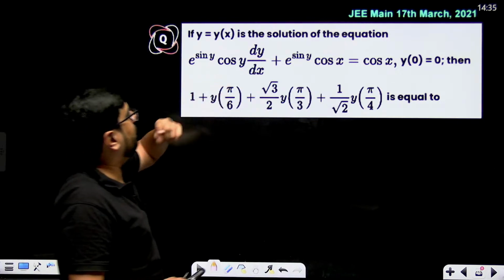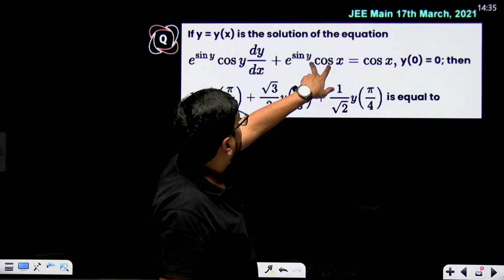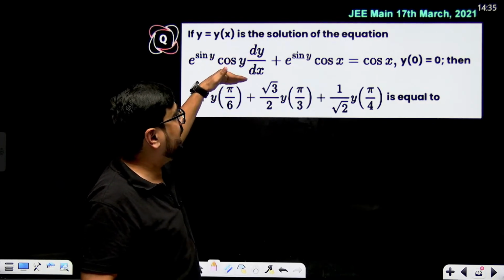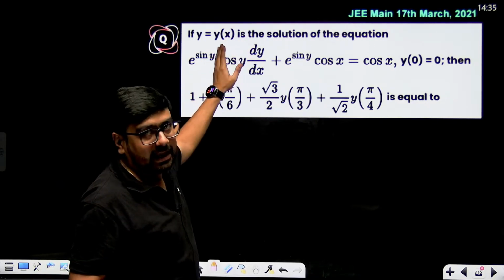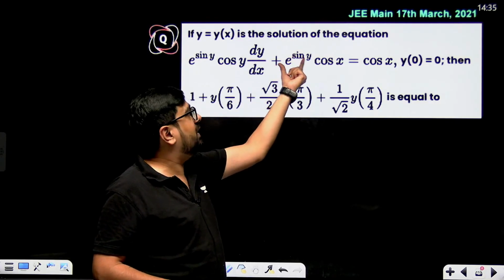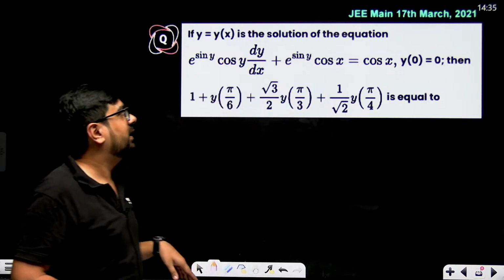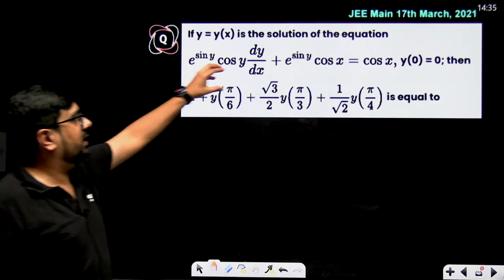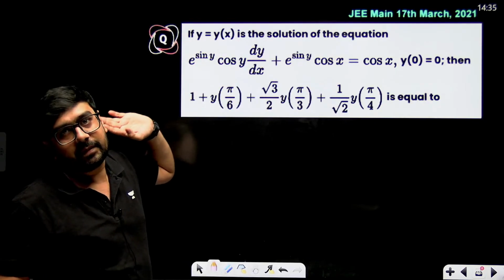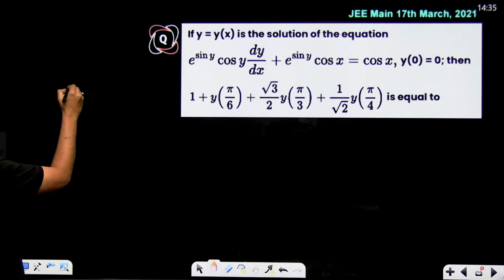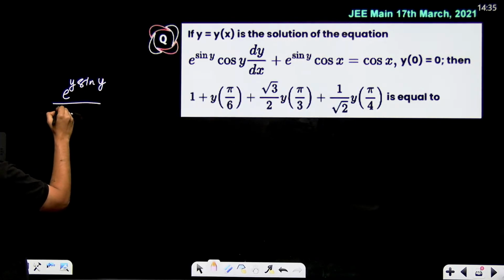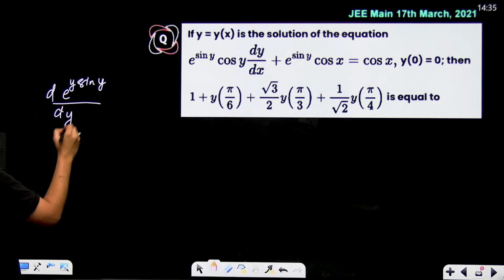For example, over here we have cos x, and here we have cos y. This should have been linear in y, but instead of y we have a function of y which is e to the power sin y, and the derivative of e to the power sin y will be e to the power sin y into cos y.